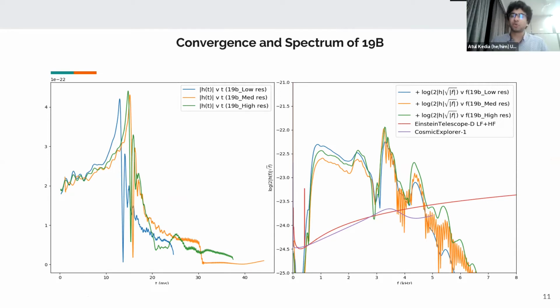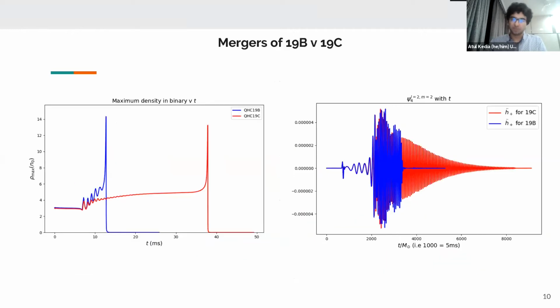We haven't done those comparisons yet, but as you can see visibly over here, the frequency that I showed you is for 19B, the blue one over here.